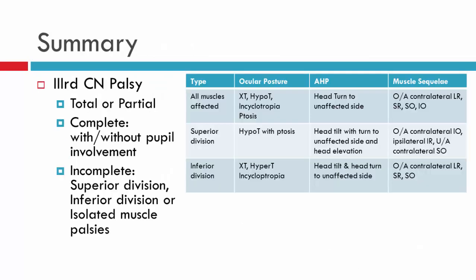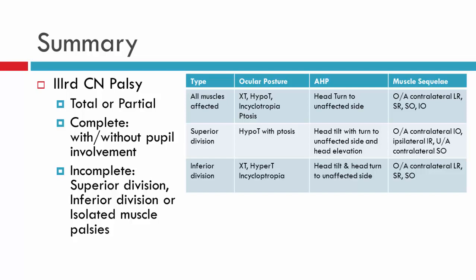In summary, a third nerve palsy can be total or partial, so we can have total paralysis or a paresis where there is function of the extraocular muscles. We can have a complete third where all the extraocular muscles have been affected by the palsy, but in this context we can also have pupil sparing, or we could have pupil involvement.